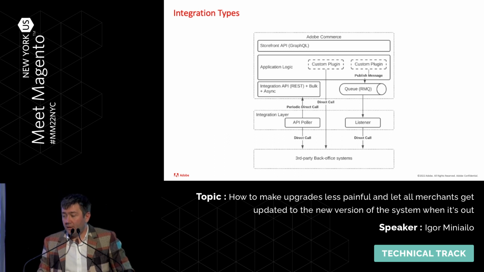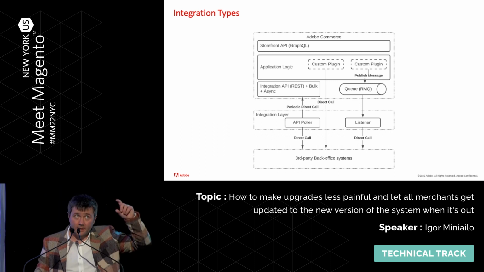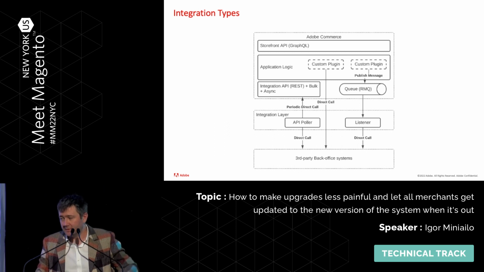A big exception to this rule is an integration which is completely built on the API. We don't have many such integrations, but I saw a few of them where there is an API poller, and this API periodically retrieves all the orders, or all the delta of orders, which have been created since the time of the previous integration.